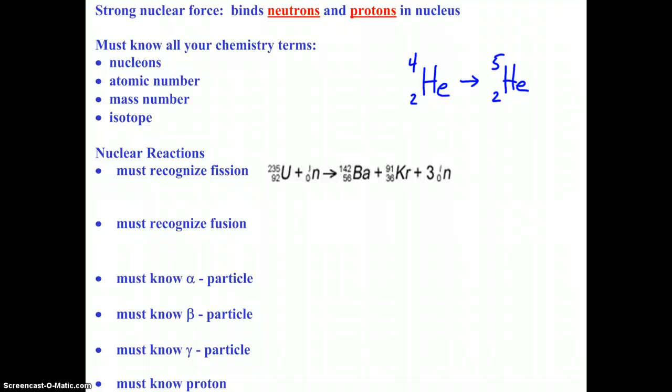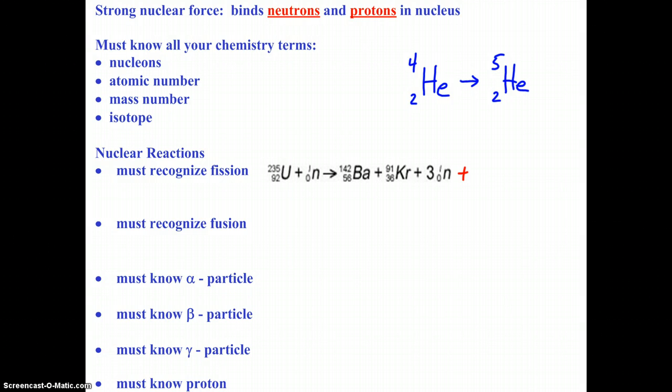Well, in fission, what those 3 additional neutrons do is they then each go and split their own uranium-235, and you get from this what is called a chain reaction. You can quickly see how you go from 1 reaction to 3, which would go to 9, to 27, etc., etc. So you get this great exponential growth in the nuclear fission reaction.